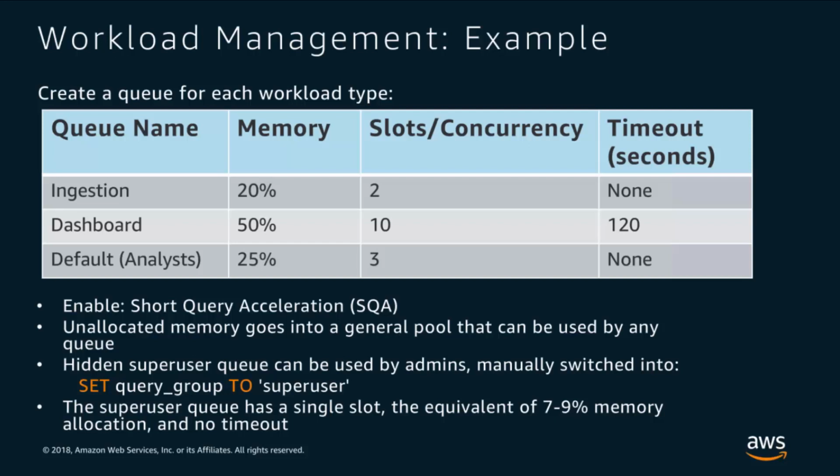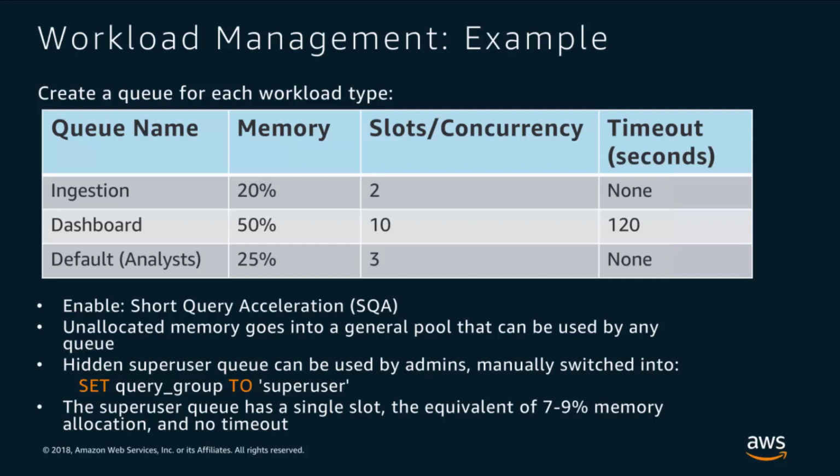Say, for example, you had some analysts running queries and we can only run 3 of them concurrently, and so a 4th analyst comes along and executes a query that's going to run in a couple seconds. Redshift will actually run that query immediately just to get it out of the way, and there won't be any queuing if you have this short query acceleration flag turned on. And it is quite literally just a checkbox in the console to enable that feature.